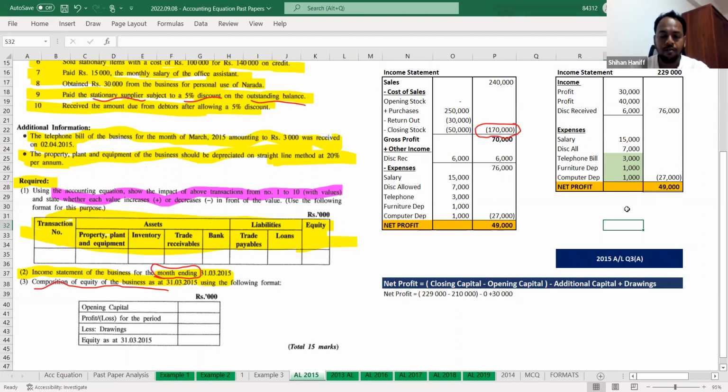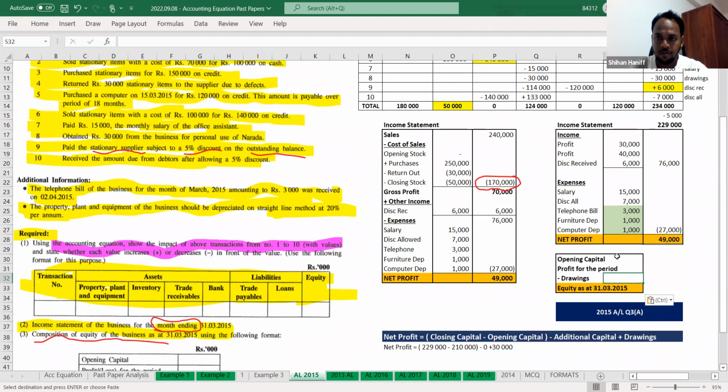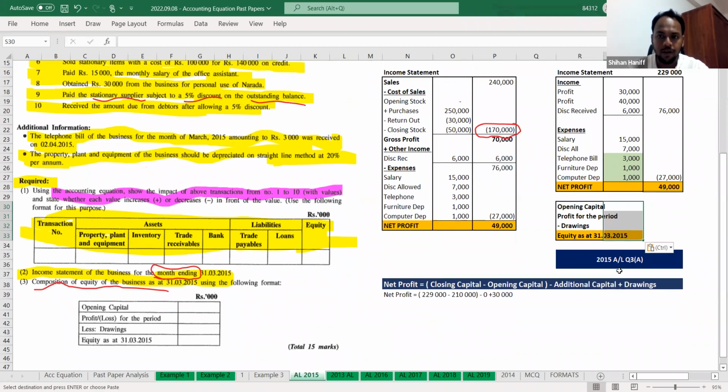They have given a format, so we will follow that format. Opening capital, profit minus drawings, equity.